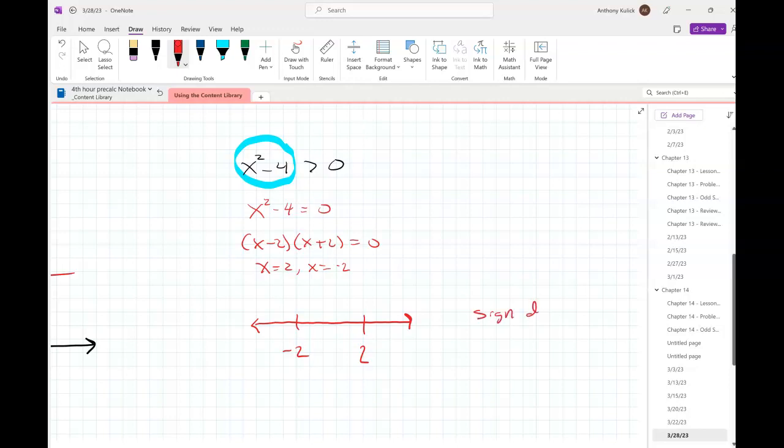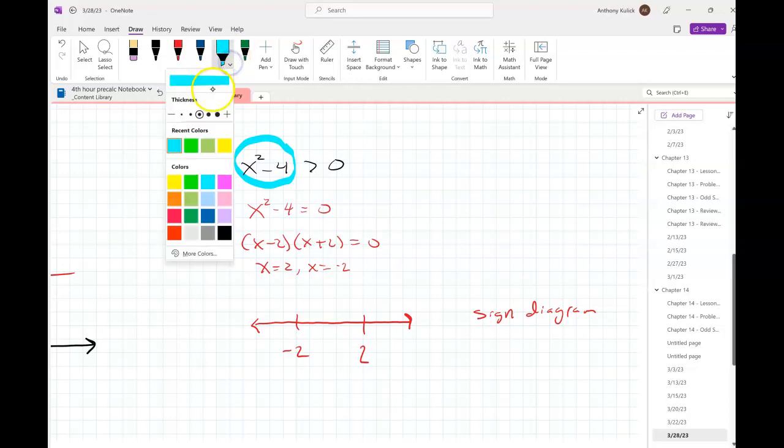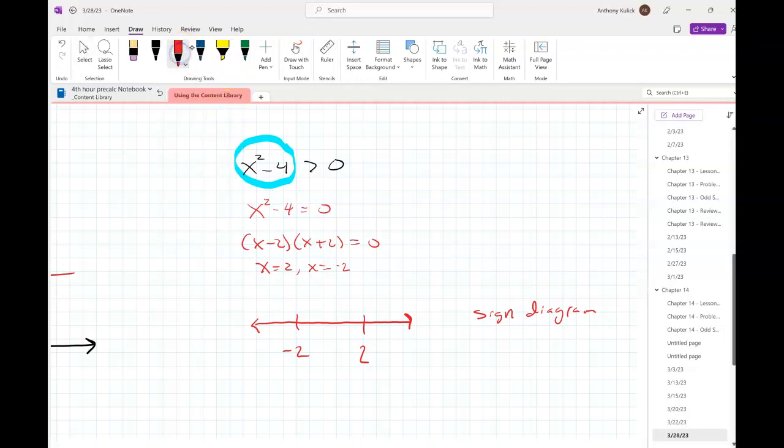I'm going to put those solutions on my sign diagram. Now, should those solutions have an open circle or a closed circle attached to them? Open, why? Because it's a strict greater than inequality.